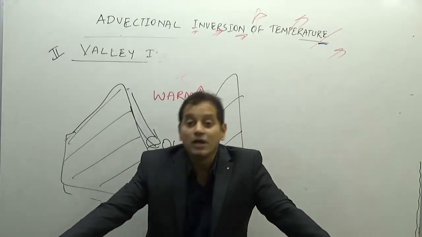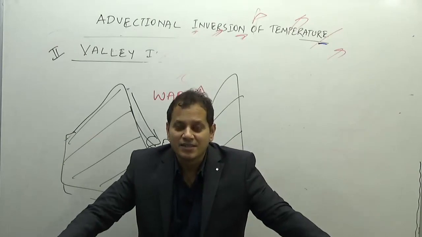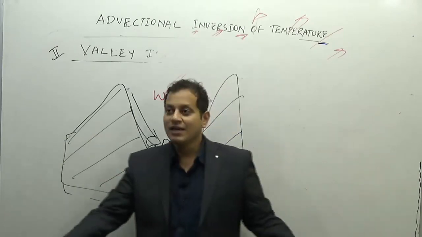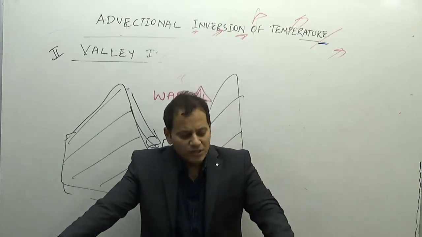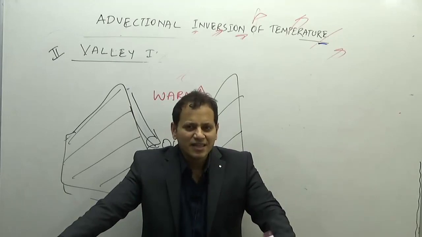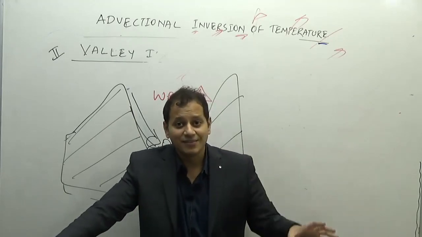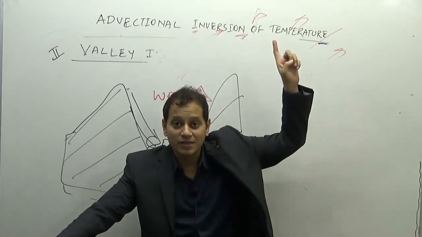Now I will ask you one more question. Where is the air conditioner generally? In our homes, especially if you are living in hostels, or if the house is not well planned, we see that the air conditioner is downwards. But generally, the air conditioner is up near the ceiling.